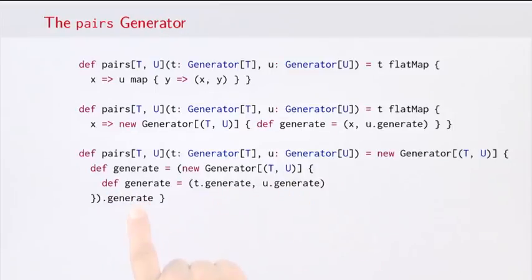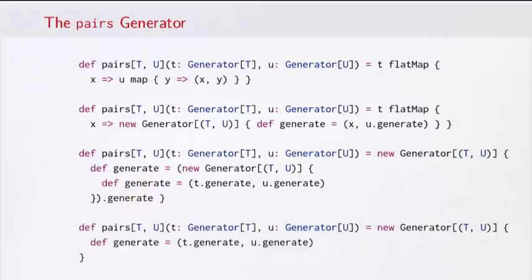And then we call generate again on this nested generator. If we simplify that expression, then we get again the expression we started with, a pair where we generate on the T and the generator value on the U generator and collect the two in a pair.